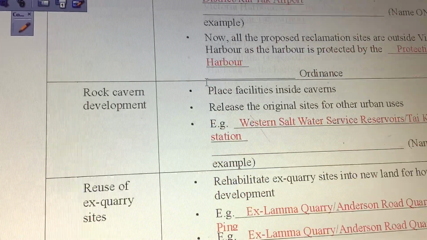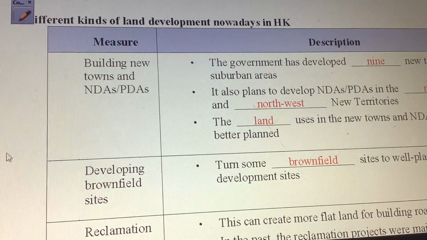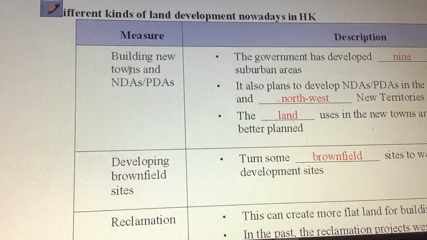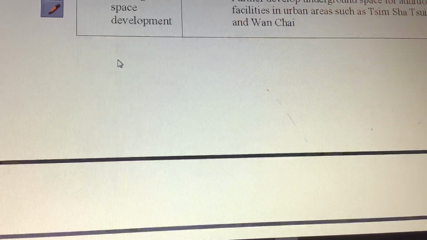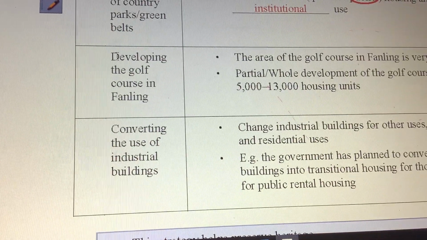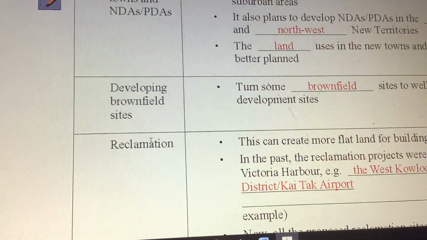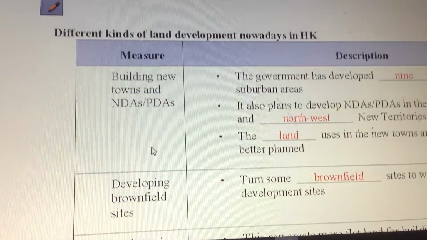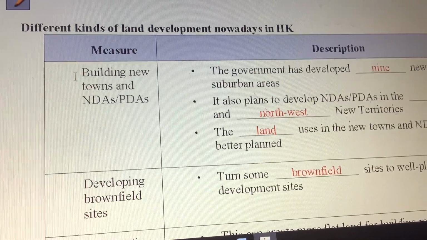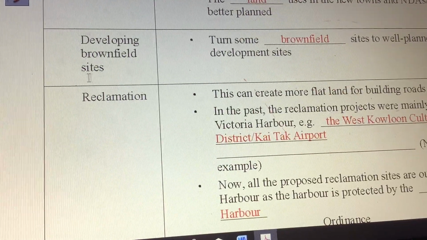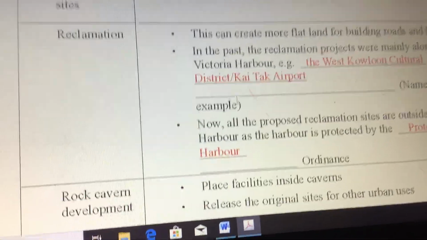And right here, after those summaries I have given you before, there are different kinds of land development options. This is in the government policy paper, so I would like to grab it to let you have a look. About the recent development directions in Hong Kong: building new towns, developing brownfield sites, reclamation. There are lots of examples already.